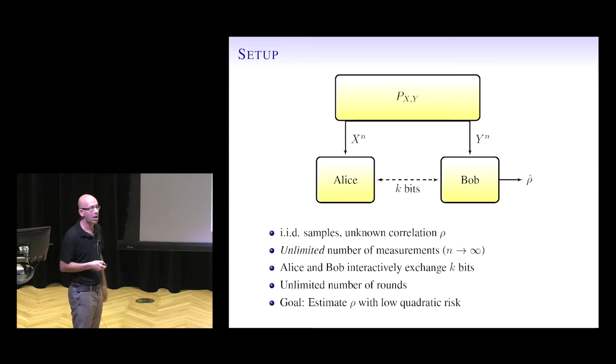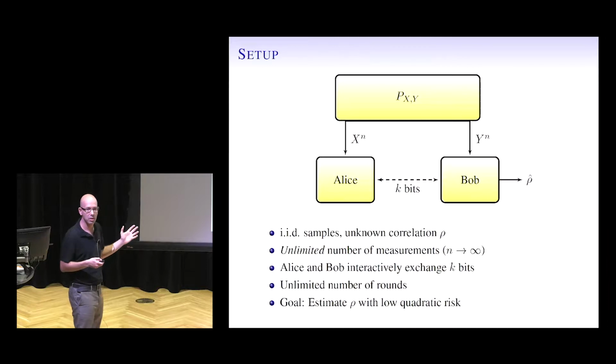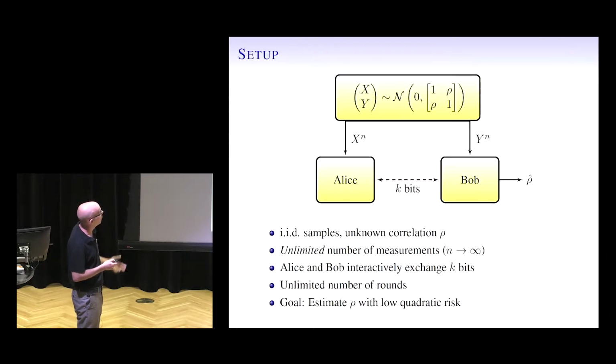Specifically, let's imagine that Bob is estimating it, to give an estimate rho hat, which has low quadratic risk. And we're going to actually talk about specific families of distributions for a good reason. One of those is the case where X and Y are jointly normal with unit variances and correlation rho.